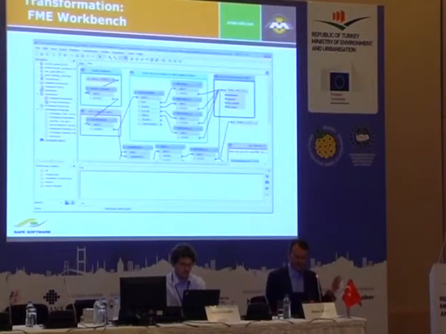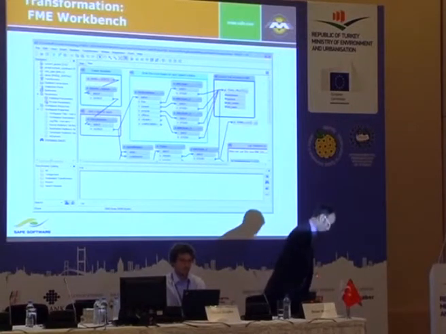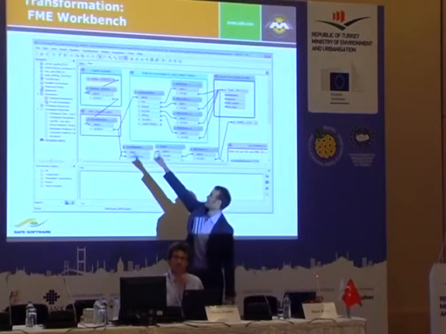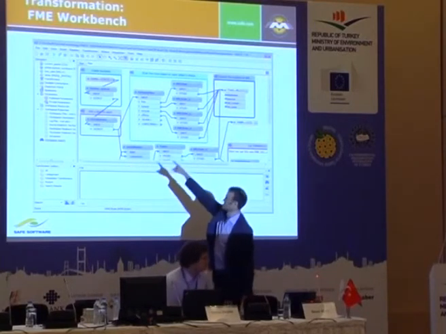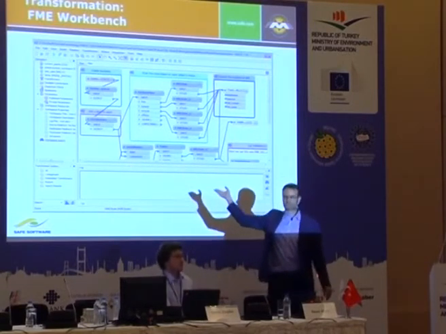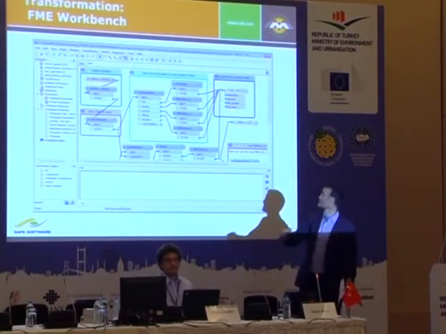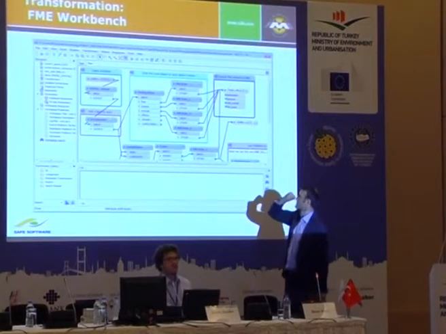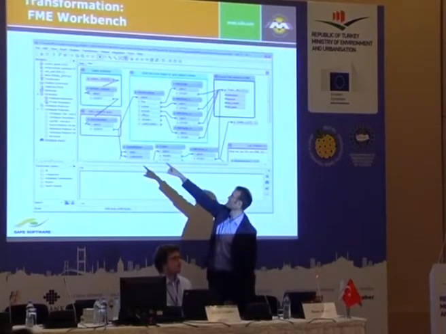So this is what the transformation desktop looks like. Our key interface is what we call Workbench. On the left side here, we have our data sources. Then in the middle, we have what we call transformers, which do the transformation of the data. And on the right, we have the destination. In this case, I'm reading a CSV file.